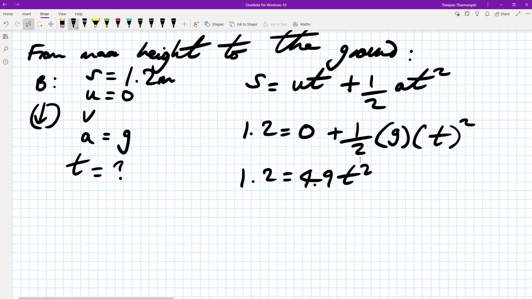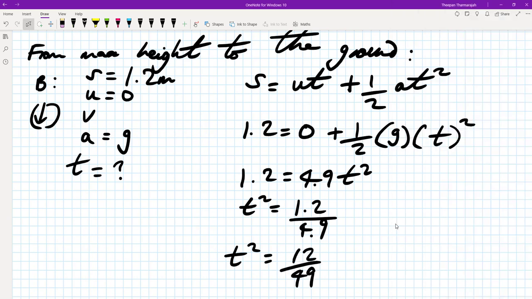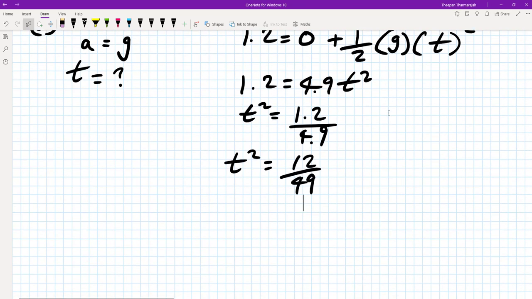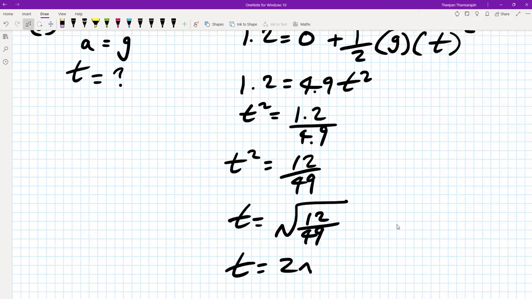And then t squared equals 1.2 over 4.9, which is 12 over 49. Square root that. So t equals the square root of 12 over 49, which is 2 root 3 over 7.